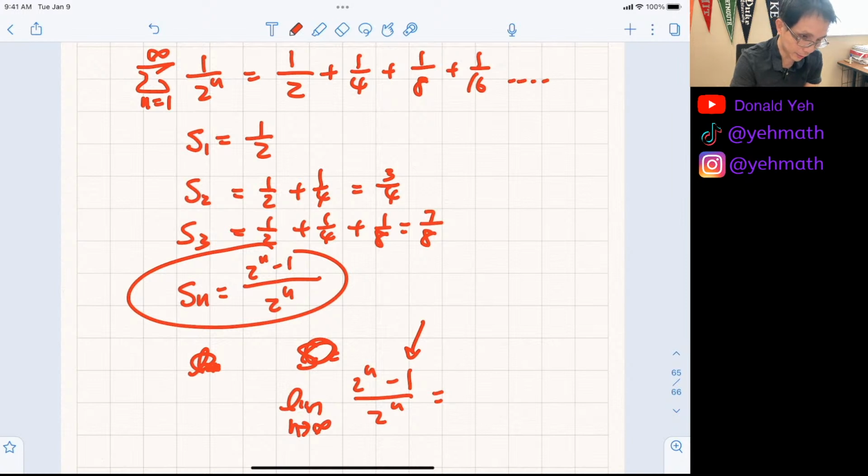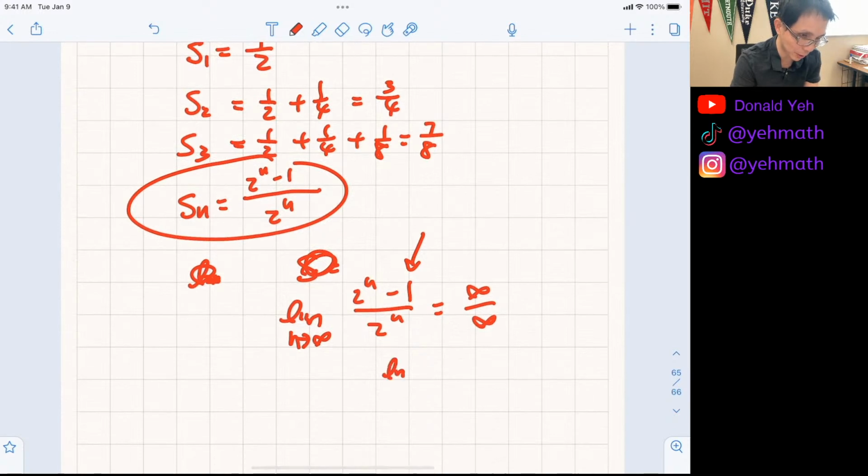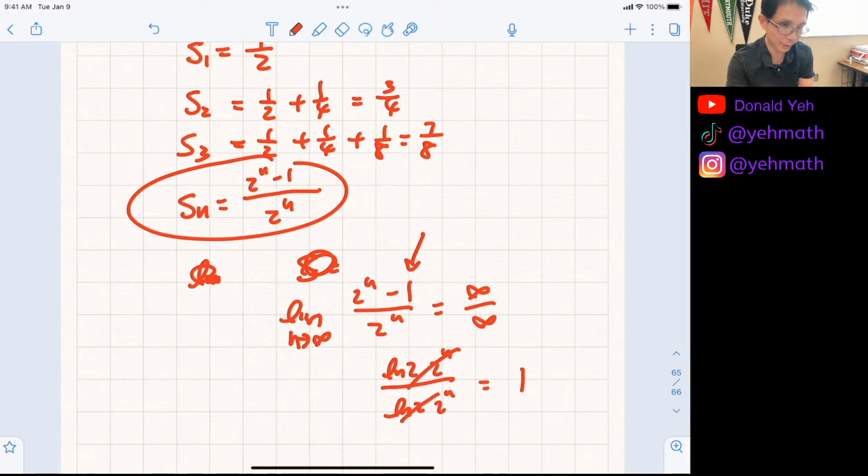Well, it's infinity over infinity, so I'm going to take a derivative, so it'll be natural log of 2 times 2 to the n over natural log of 2 times 2 to the n. That's equal to 1, just like what you're saying. So eventually that series is equal to 1, just like what we predicted with the half pizza situation.